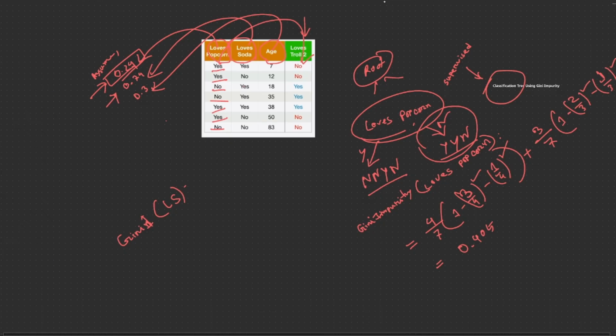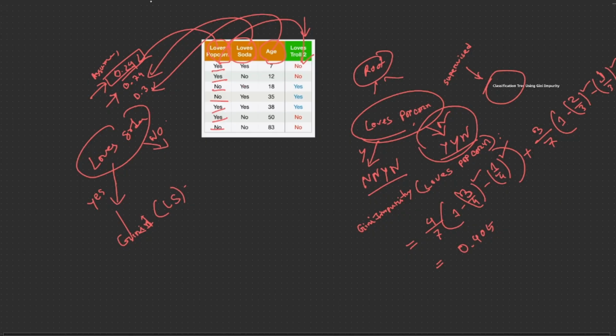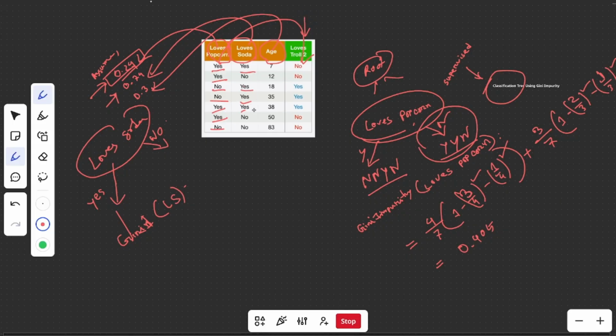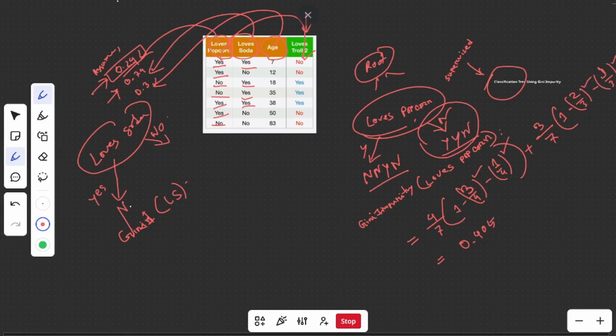So here you can see, okay, let's draw it, loves soda here for yes and for no. Okay, yes, no. For yes, 1, 2, 3, 4, for yes we get decisions like no, yes, yes, yes, and for no we get no, no, no.